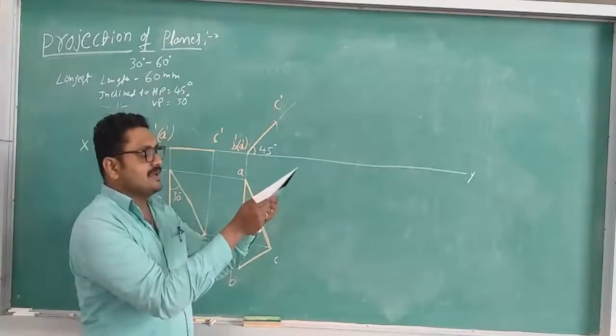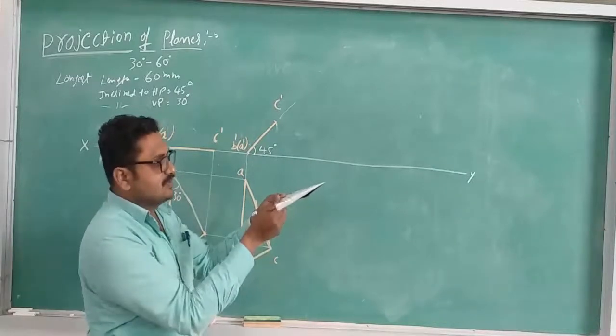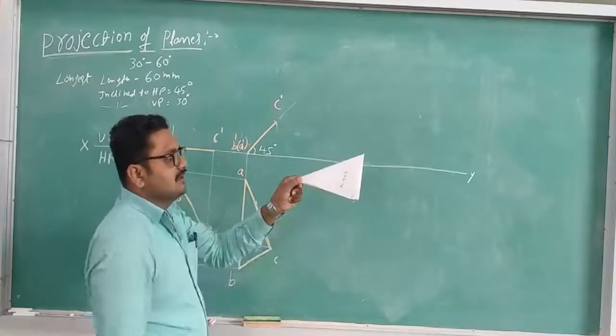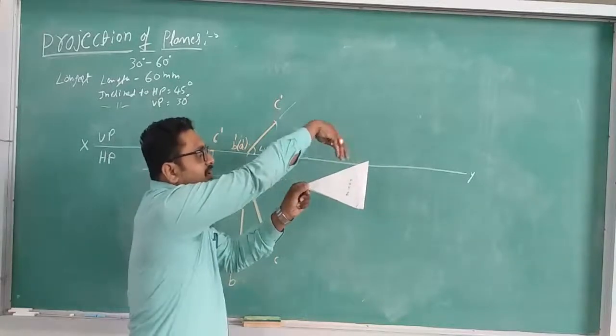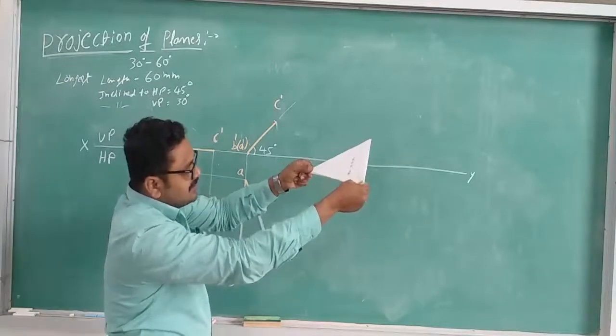Now coming to the last step, the longest side is inclined to VP at 30 degree. It should retain 45 degree to HP, and along with that this edge should be 30 degree to VP. When we rotate in the clockwise direction, this horizontal plane will come downside.